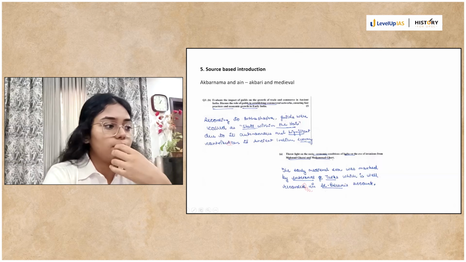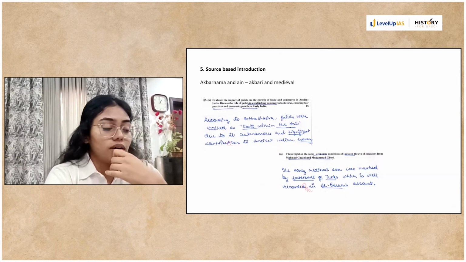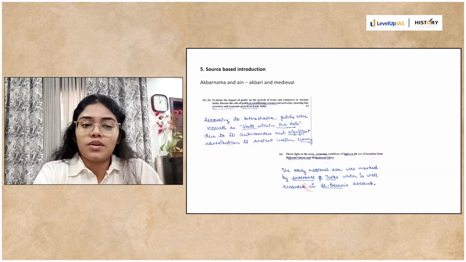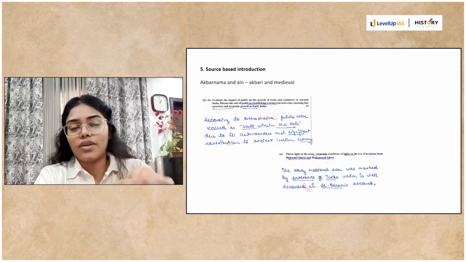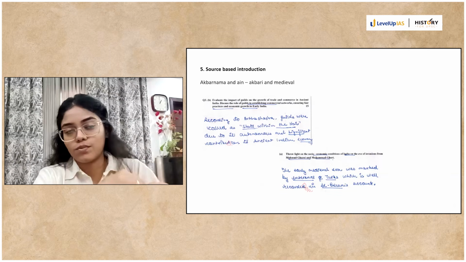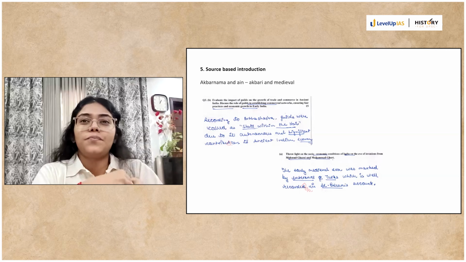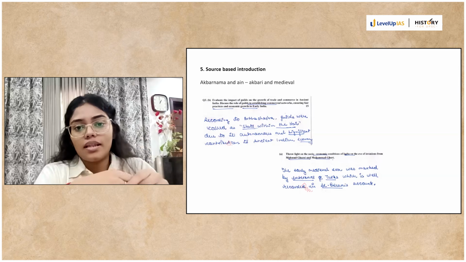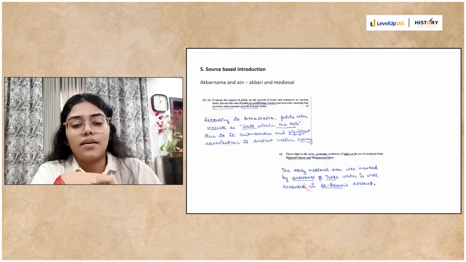Okay, then we'll come to the fifth sort of introduction, which is source-based introduction. Source-based introduction is the most easy one. All you need to do is कि अगर कोई question पूछ रहा है किसी phenomenon, किसी event के बारे में, so you just tell how do you come to know about that event.